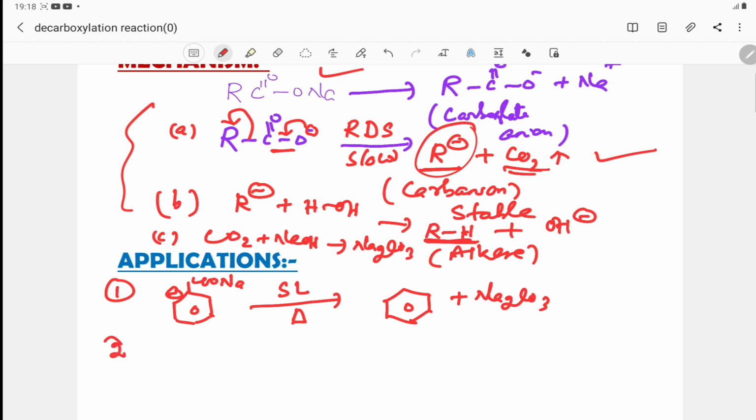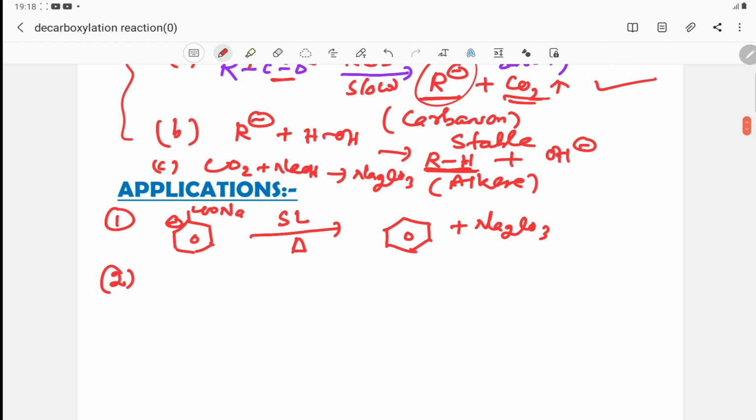You see the second example. Let us take a different sodium salt of carboxylic acid.